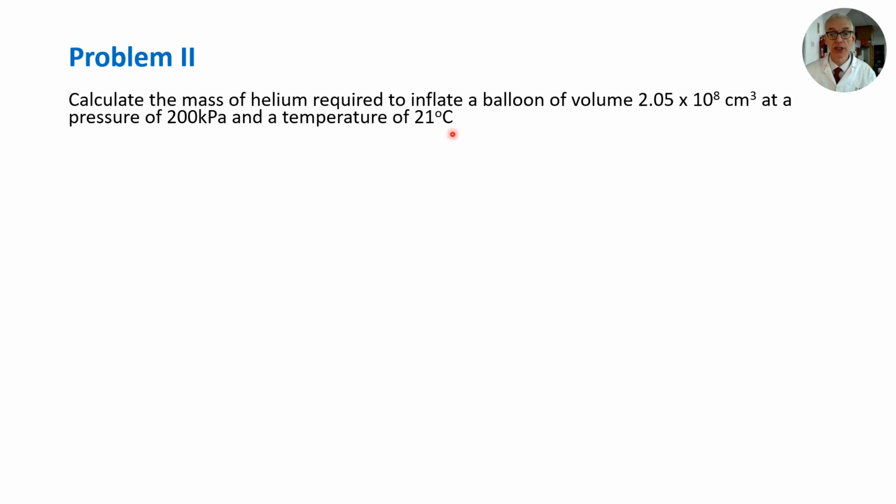So the way forward is to firstly calculate the moles of helium as per the model problem. So using PV equals nRT, calculate the moles of helium and then move on to the mass. So pause, complete the task, come back to check.